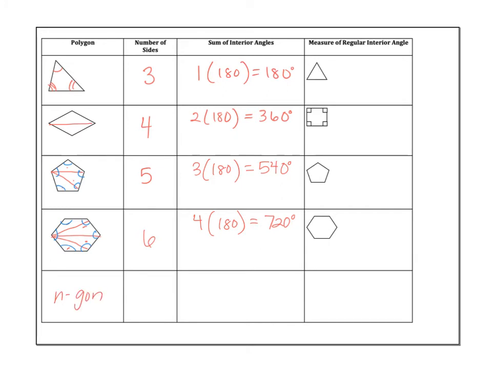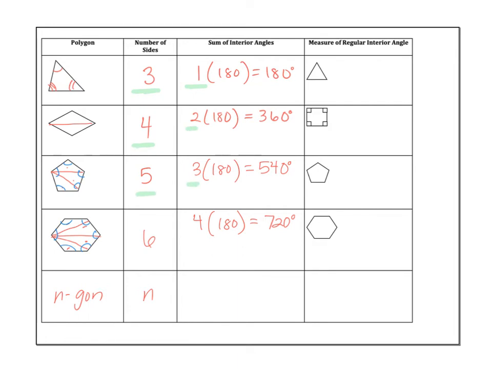How many sides does that thing have? Well, we don't really know, but it has n number of sides. So look at the pattern here. At the top, we saw that when we had 3 sides, it was 1 triangle. When we had 4 sides, it was 2 triangles. 5 sides, it was 3 triangles.